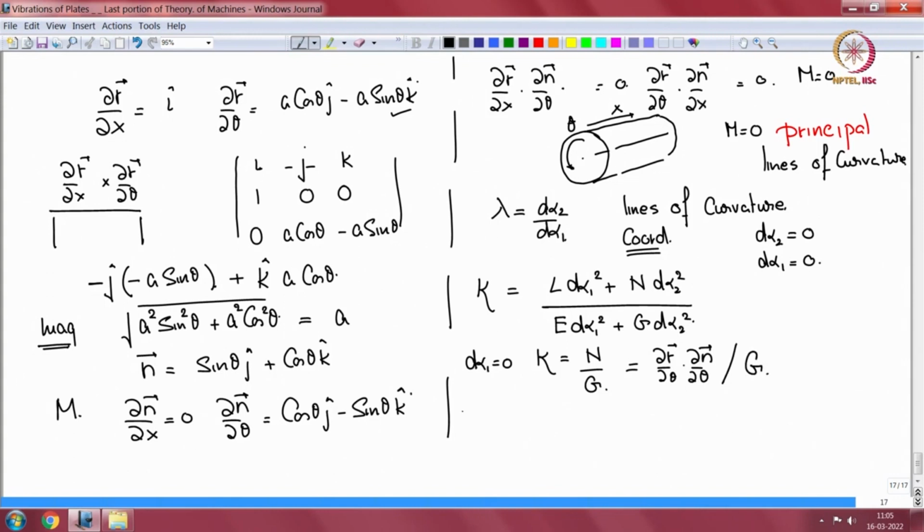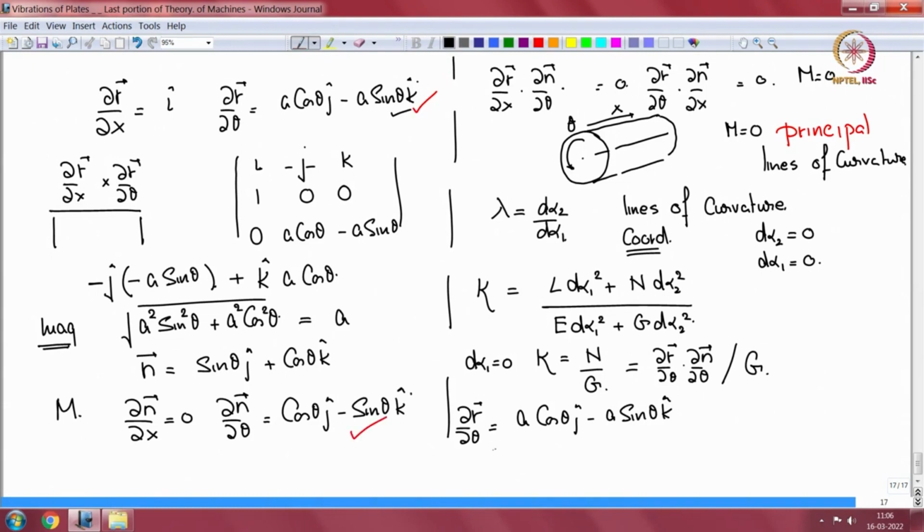So del r by del theta is equal to a cos theta j minus a sin theta k. I am taking it from here. Then del n del theta I will take from here.